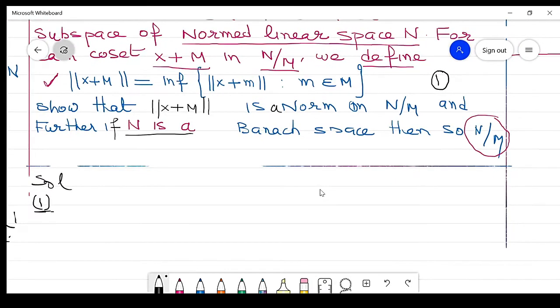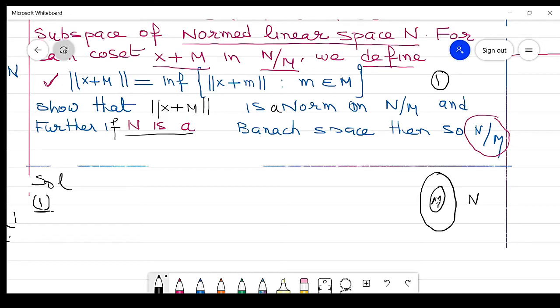So just now, the norm of x plus M, which is the infimum of the norm of x plus m, where m belongs to capital M and x belongs to capital N. We know that N is a normed space, and M is a part of N, right?